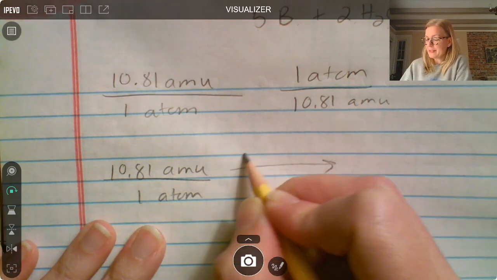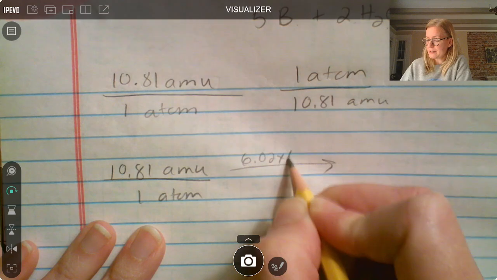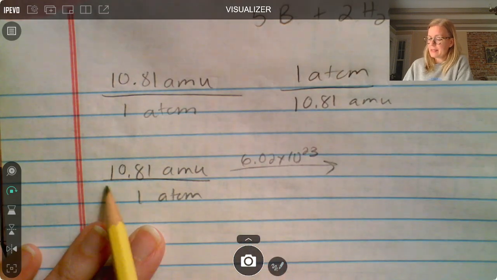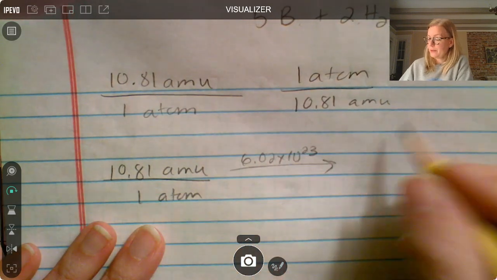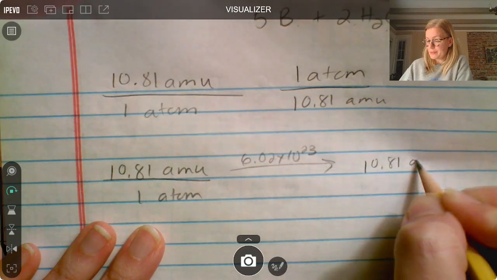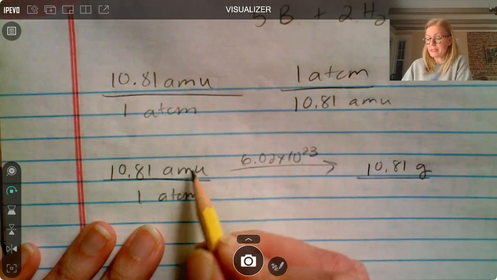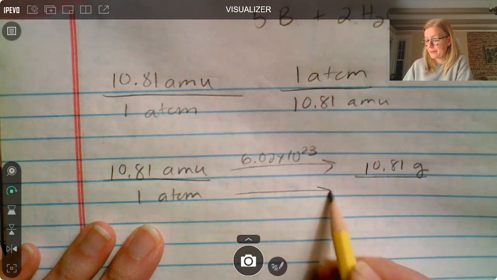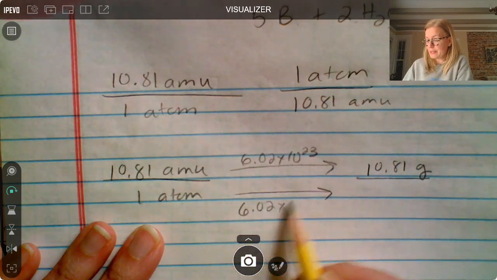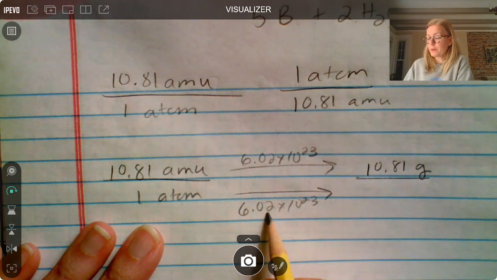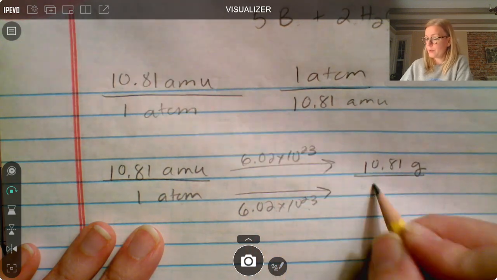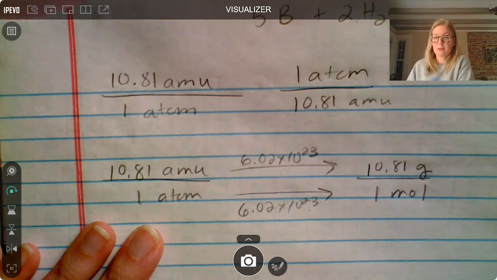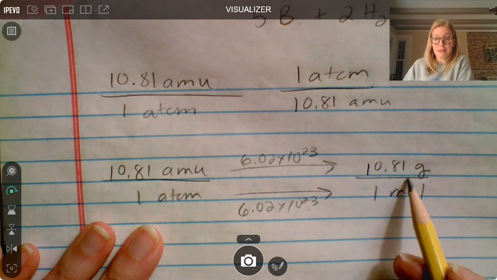So we're scaling this up by 6.02 times 10 to the 23rd, and instead of 10.81 AMU, it's 10.81 grams. Okay, but whatever we do to the top of a ratio, we also need to do to the bottom. So we also need to scale this up by 6.02 times 10 to the 23rd. And 6.02 times 10 to the 23rd atoms is 1 mole of atoms. Okay, this we can work with, right?